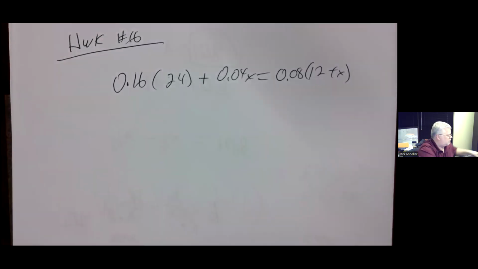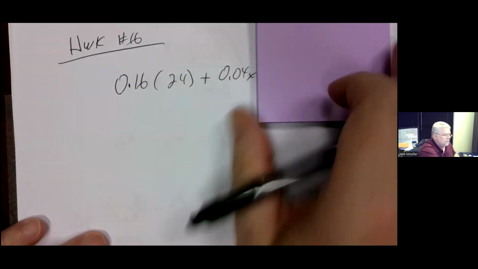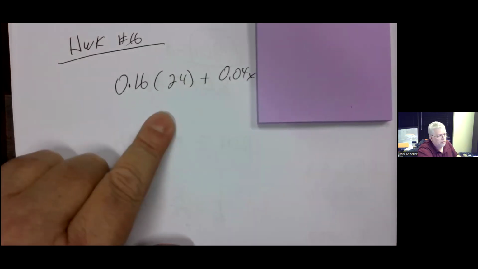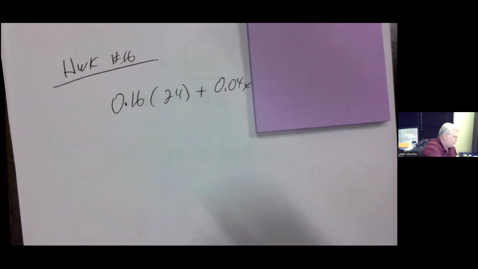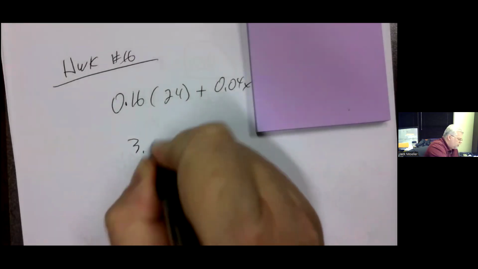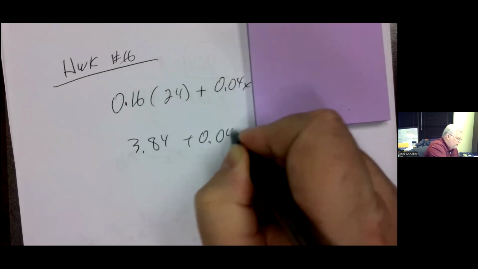So how do we start? Well, if you look on the left-hand side, we have two numbers that we can multiply, so do that first. Again, this is a calculator question. So 0.16 times 24 is 3.84. We have 3.84 plus 0.04x equals.